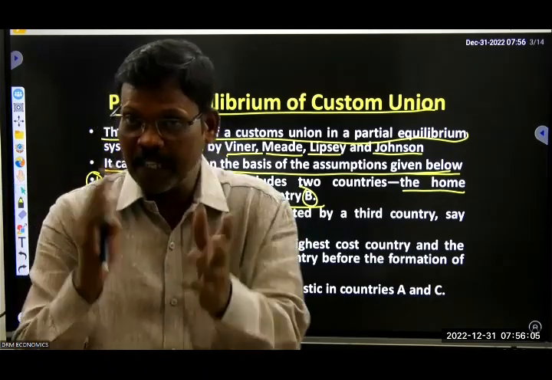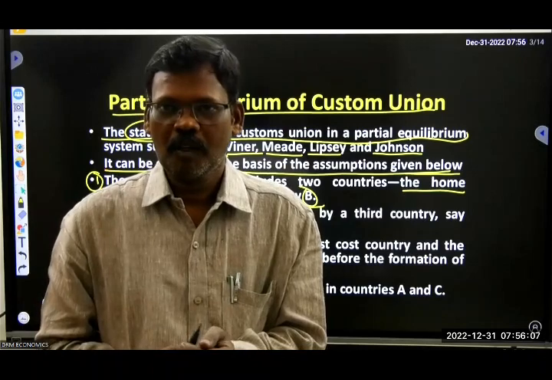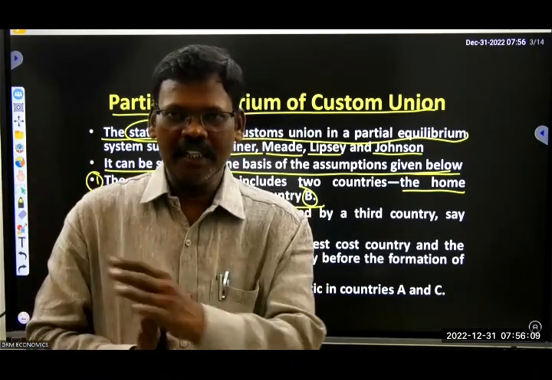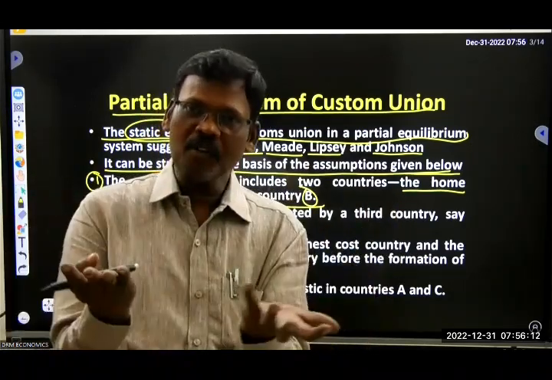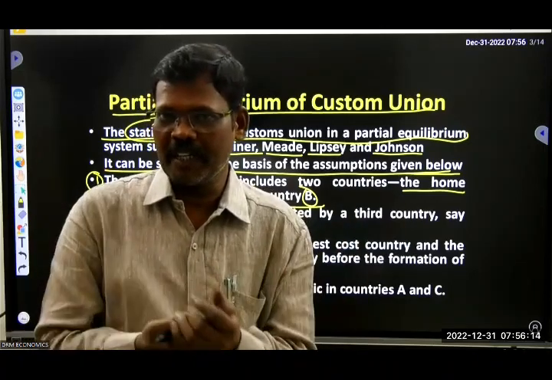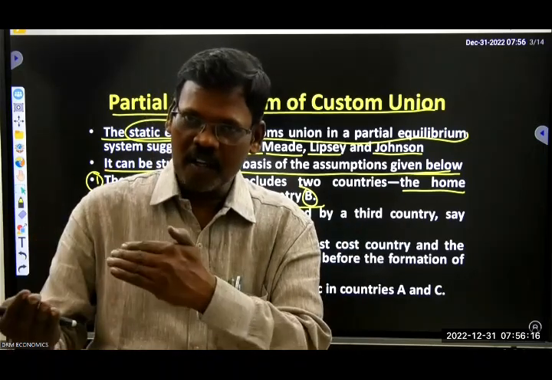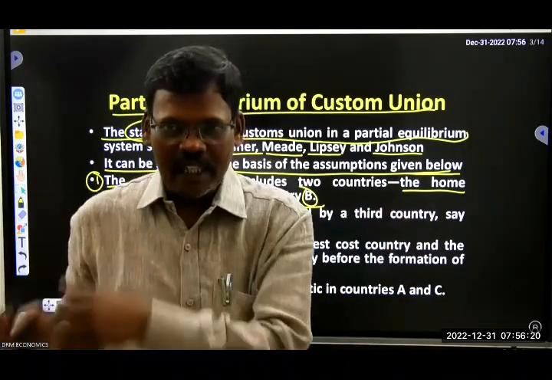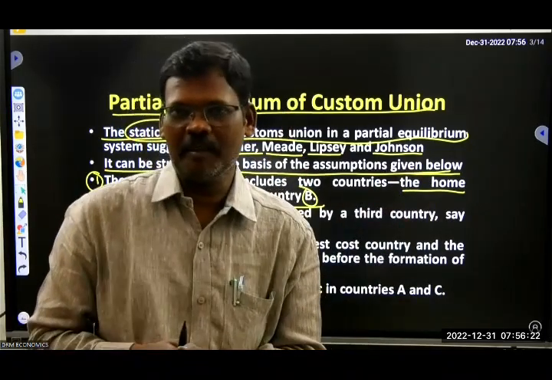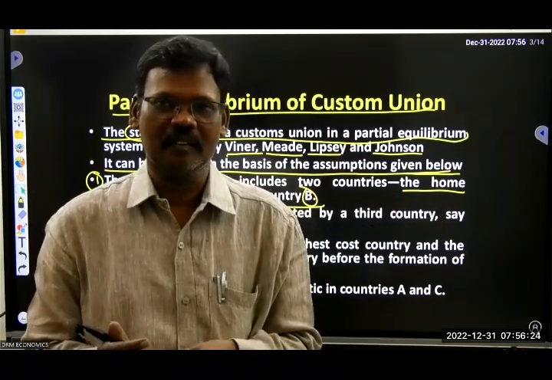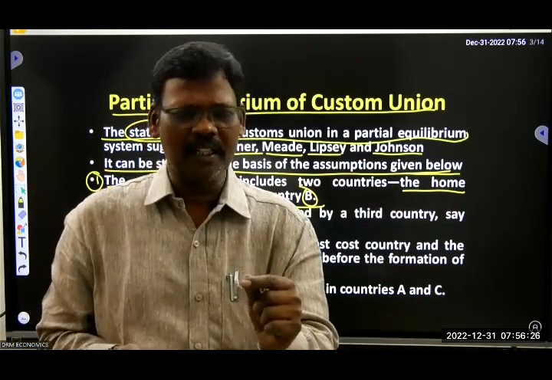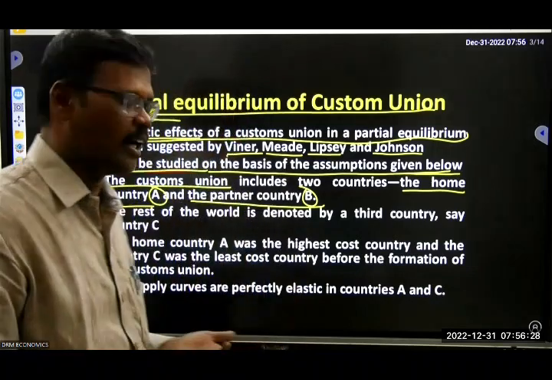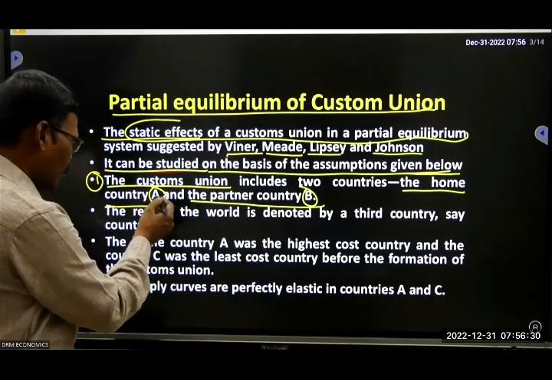It should be neighboring countries, please remember. India, Bangladesh, Pakistan may have agreements because all are neighboring countries. India, Bangladesh, Nepal, Afghanistan, Pakistan, Sri Lanka can also have trade agreements. The minimum is two countries, and there may be more than two.